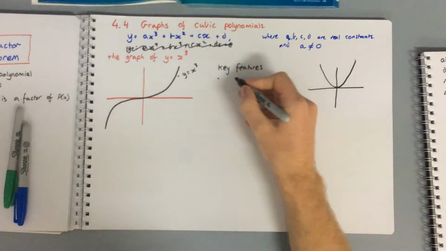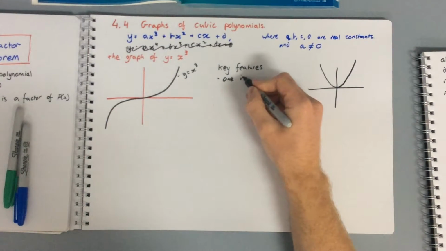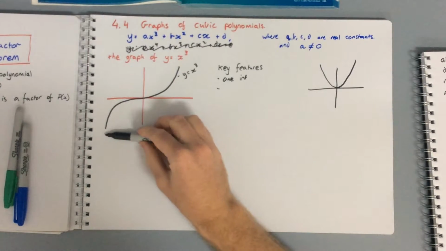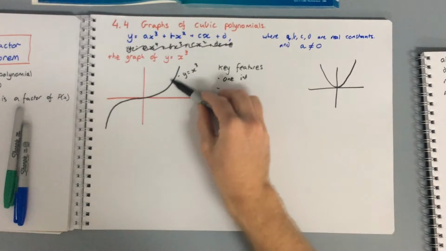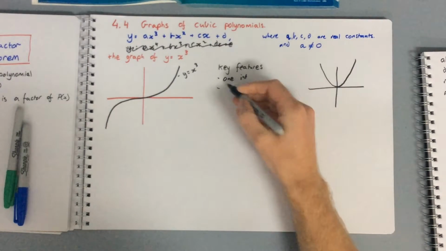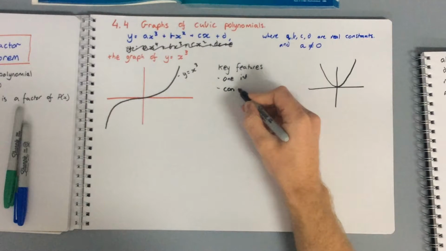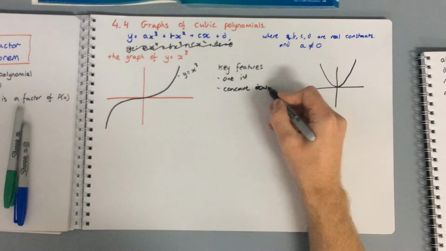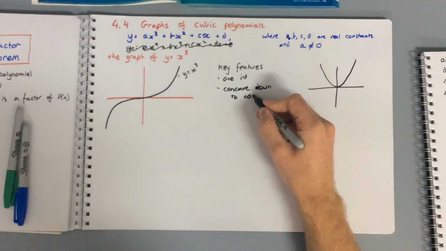So some key features: we've got one intercept. We go from concave down to concave up, going down and then up.